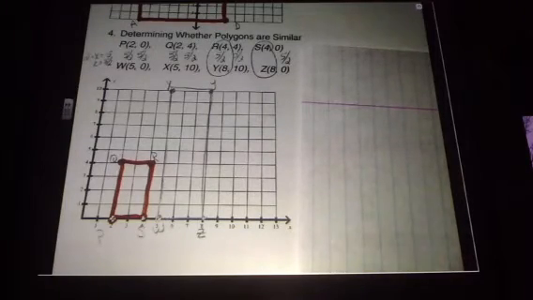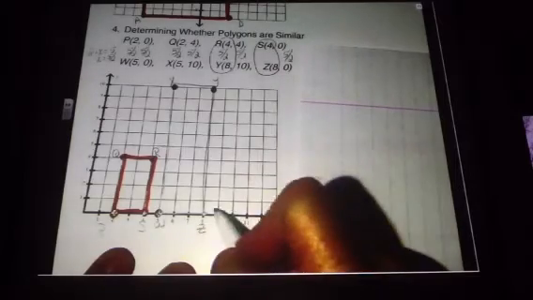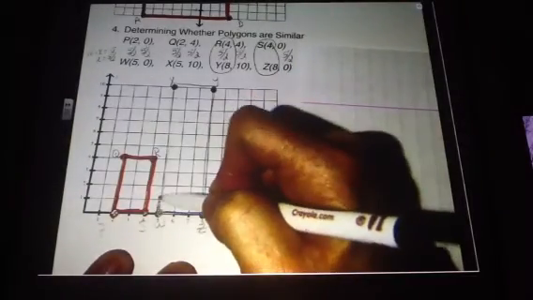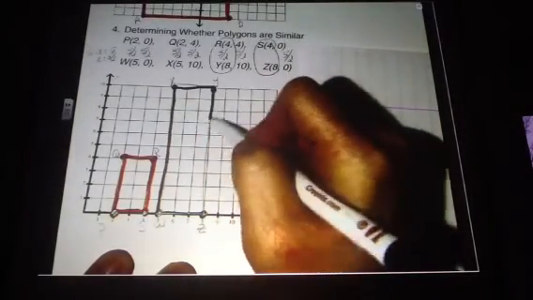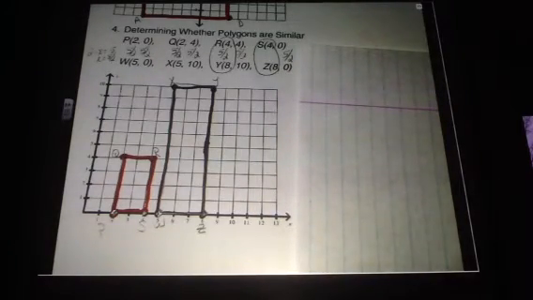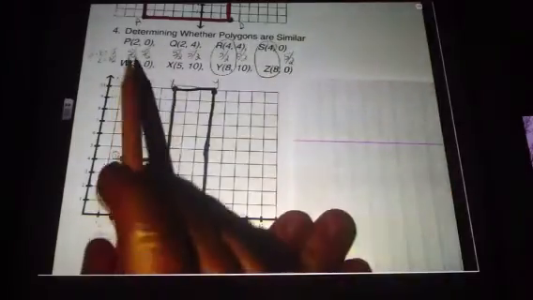End up with our image, which is W, X, Y, and Z. Okay, so our dilation is 5/2.